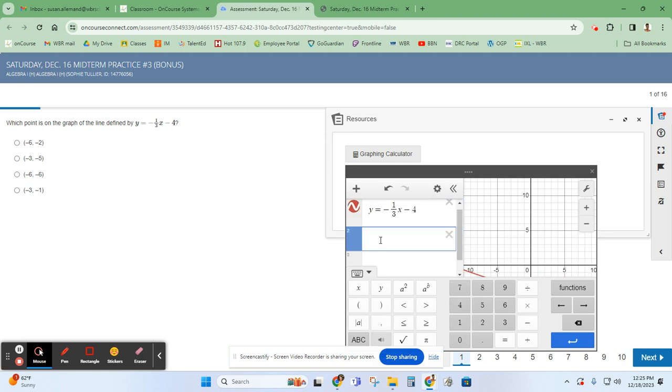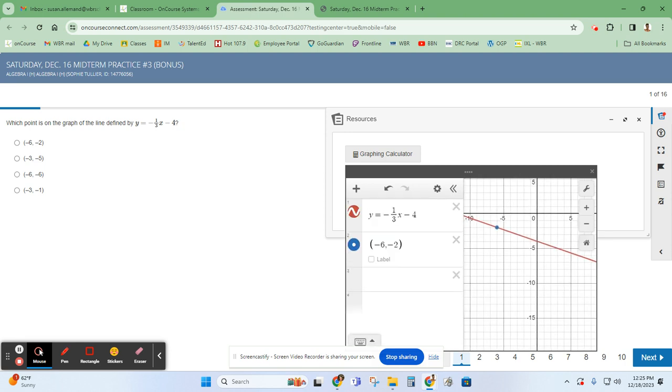And then in here, I can enter these ordered pairs. So when I enter -6, -2, and I go and look at it, that point is on the line. Therefore, I know that that's the right answer.